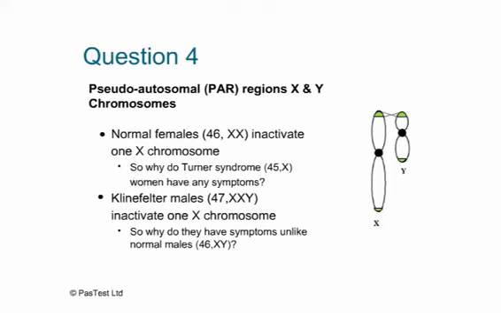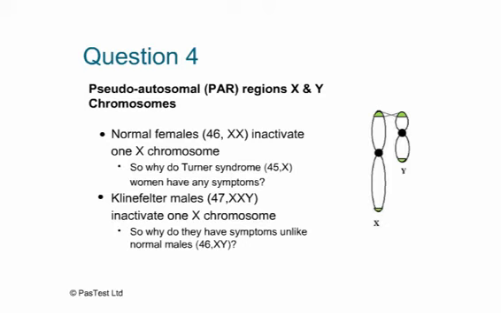The answer to this is that inactivation does not actually affect the whole of the X chromosome. There are a few small regions in the X chromosome called the pseudo-autosomal regions, or PAR regions, which are not inactivated. They escape inactivation because these are regions which are homologous to regions on the Y chromosome. They're very small regions, they only contain a few genes, but recombination does occur between the X and the Y chromosome at these regions.